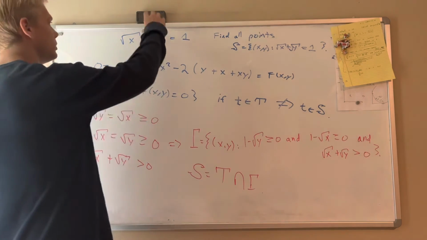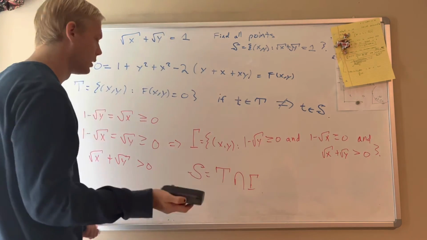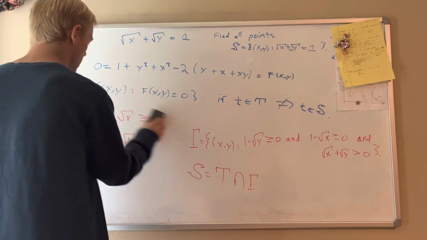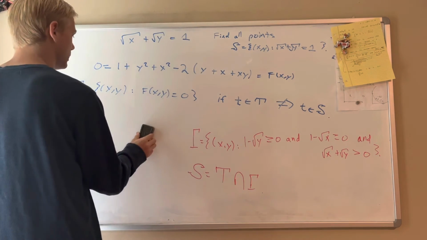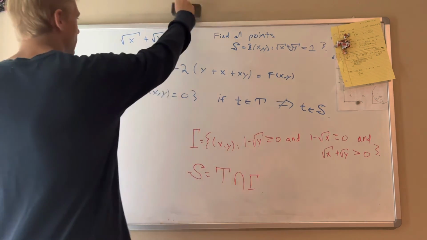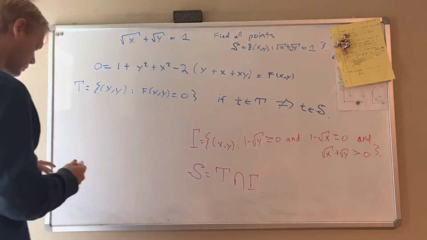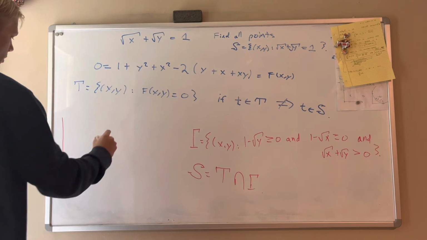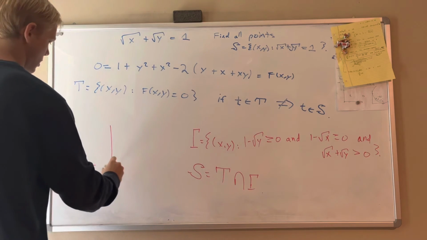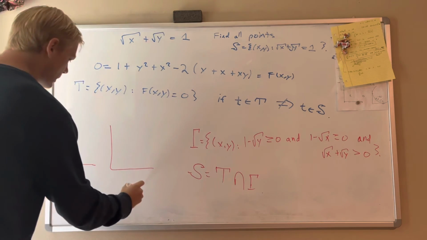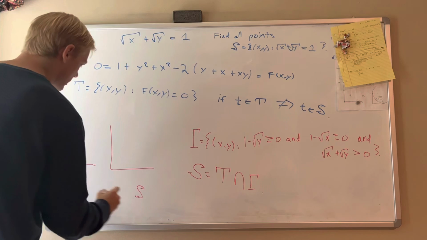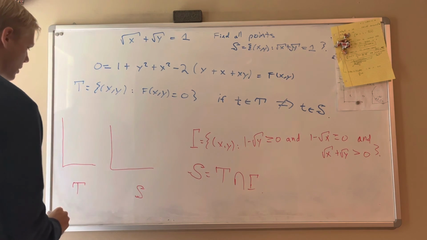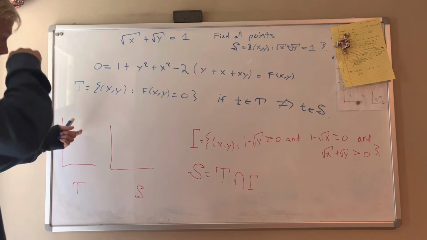And for example, I can draw this to make more sense of what's going on. So if I was to draw two graphs, this is going to be my solution, and this is going to be T. And then I'll draw gamma on this one too.